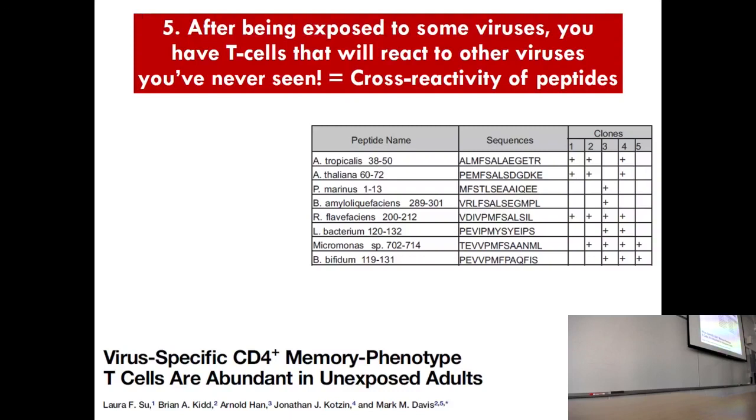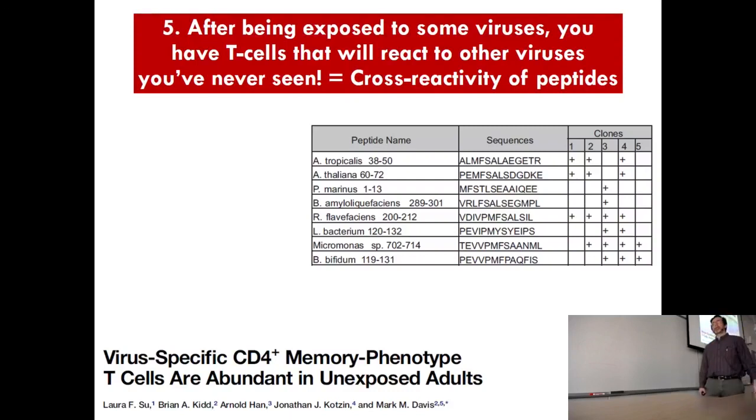They present these peptides, and you look up and down, and these peptides will react with different clones that were raised against HIV. There's a different pattern for each clone. It has a different preference. But you do have a lot of pluses here, which means that these things are supposed to bind HIV, but they also, as a bonus, bind this thing that the person was definitely never exposed to.